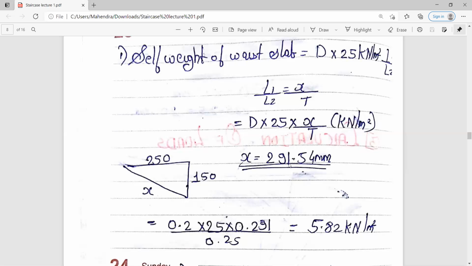When you will convert it in meter, that means 0.291 upon T. T is what? The width of tread, that is 250. Again you have to convert it in meters, so 0.25. So after calculation, you are going to get the self weight of waist slab, that is 5.82 kilonewton per meter square. So do up till here.